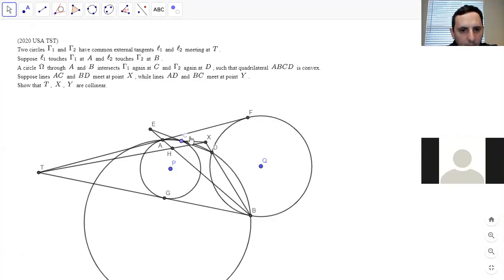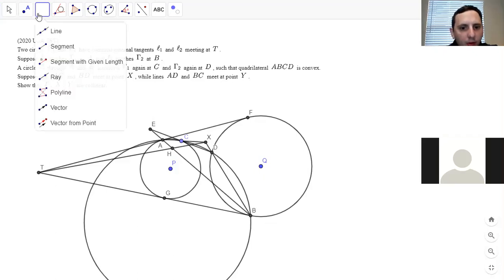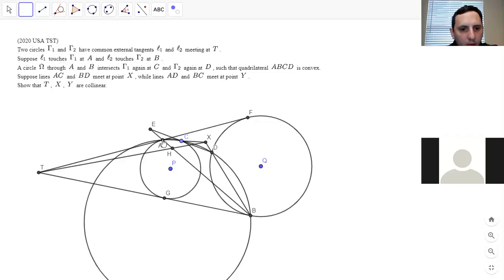And where should we project through? Probably point D, right? So if we project through point D, draw the midpoints of AF and GB, and then connect them. Are I, X, and J collinear?